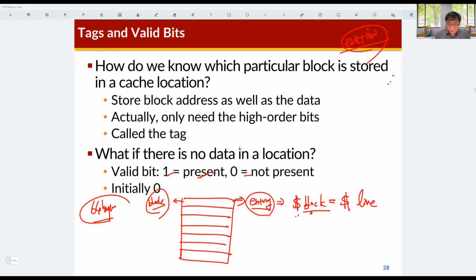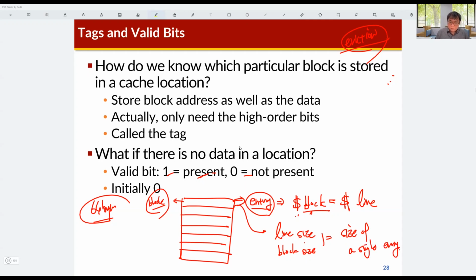The line size or block size of a cache represents the width, the size of a single entry.